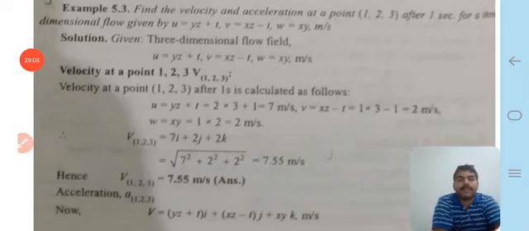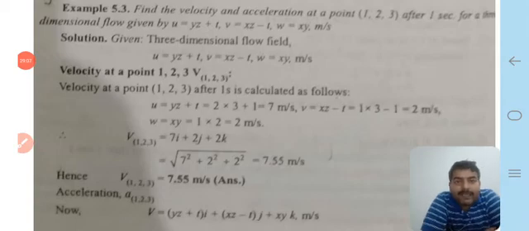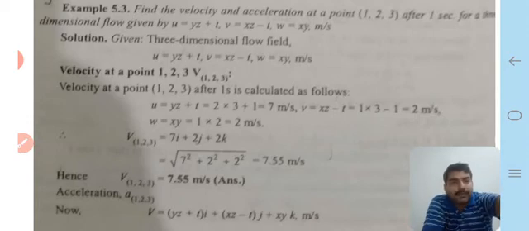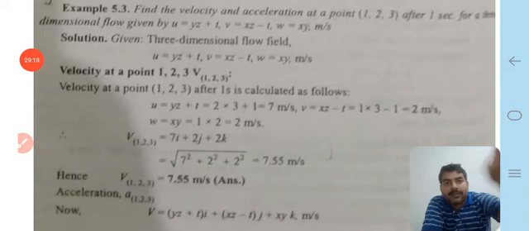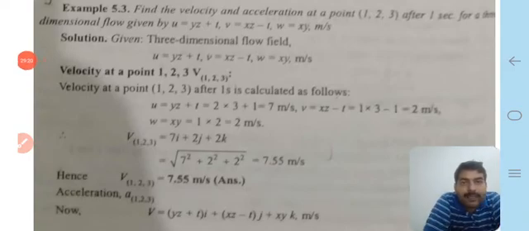Now the next example: find the velocity and acceleration at the point 1, 2, 3 after 1 second for a given 3-dimensional flow, given by u is equal to yz plus t, v is equal to xz minus t, and w is equal to xy in meter per second.